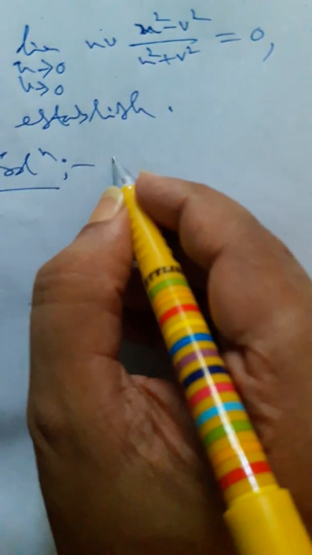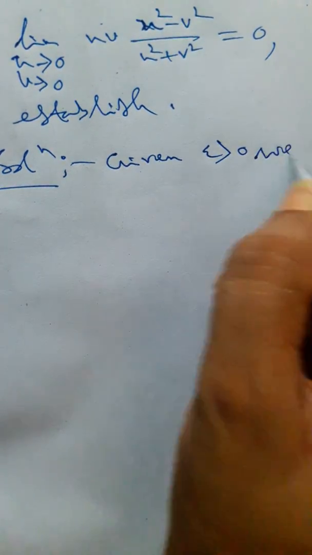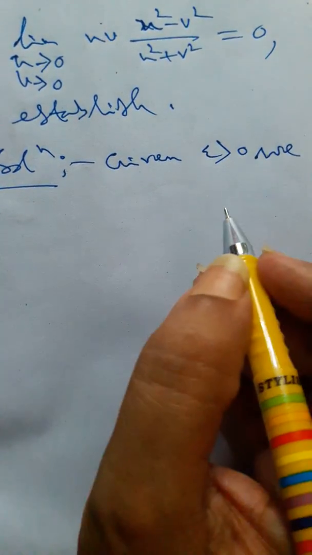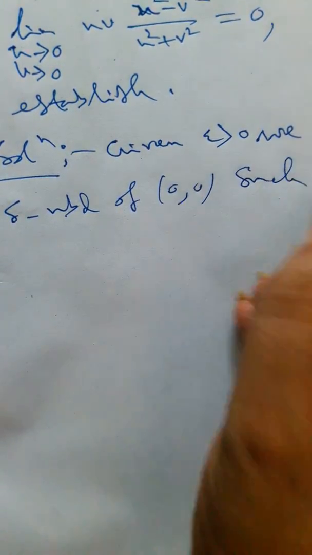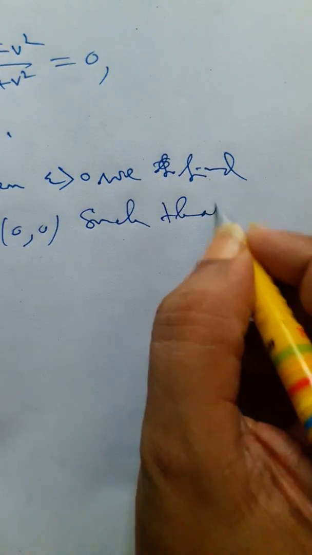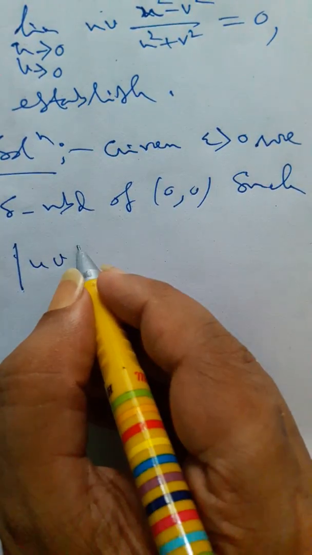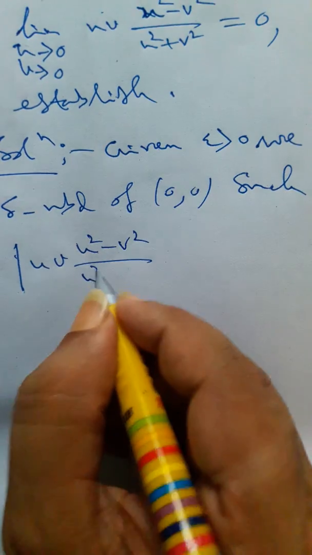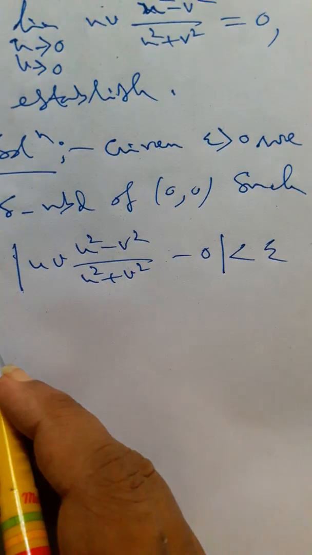Now for the solution. Given epsilon greater than 0, we find a delta neighborhood of (0, 0) such that mod of uv (u square minus v square) by (u square plus v square) minus 0 will be less than epsilon.